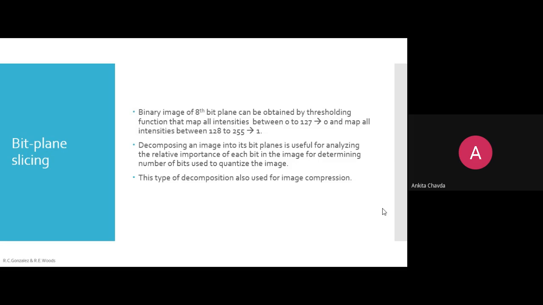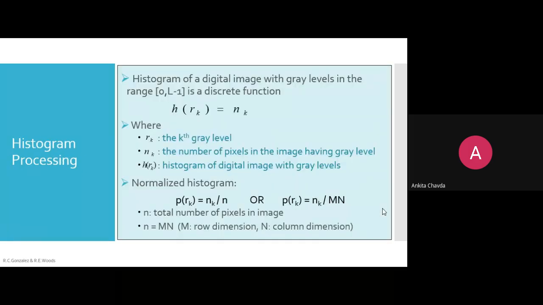So this type of decomposition is also used for image compression. That is what I said, no? When I want to compress my image, I can ignore the lower bits, but I cannot ignore the most significant bits. Right? So this is your bit plane slicing.